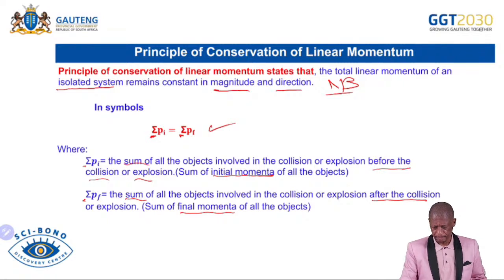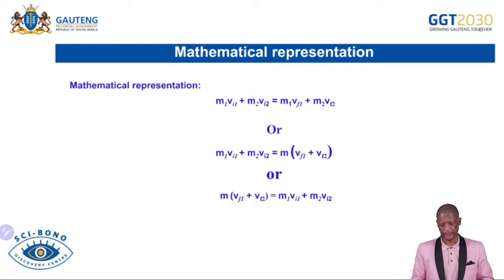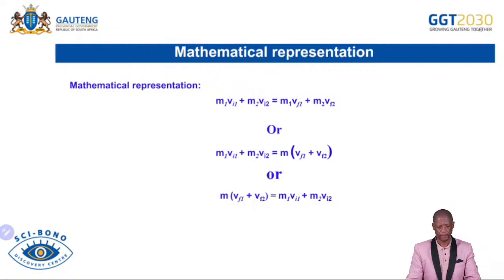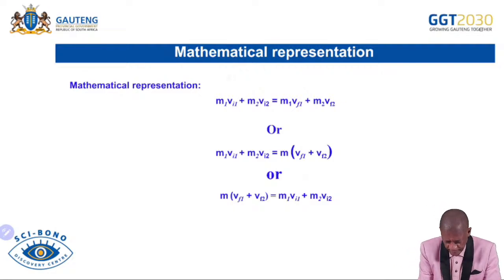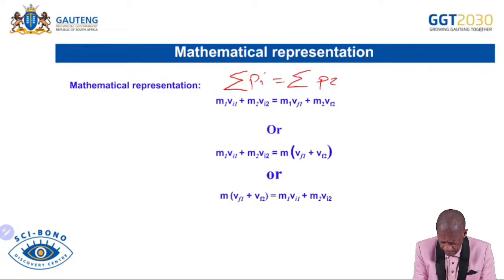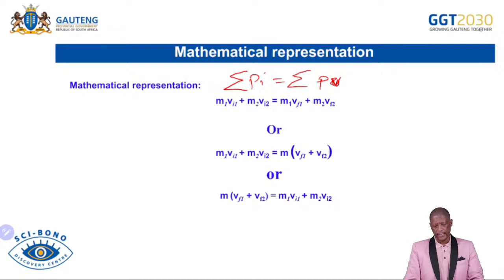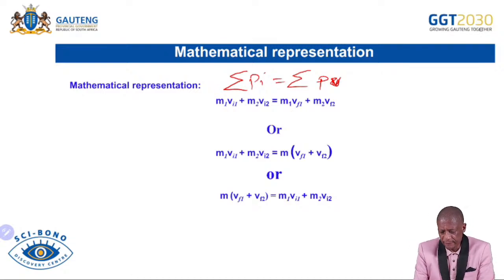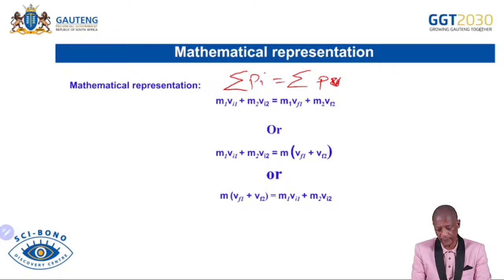All right. Now, mathematical representation. The sum of Pi equals the sum of Pf. This is scientific, it is the principle.